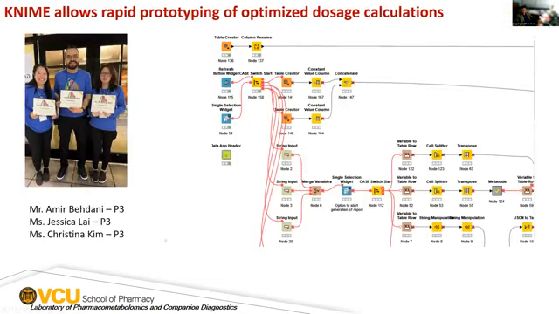The answer is 24 hours. 24 hours is what it took for this group of students to create a pharmacogenetics consulting application using Knime, in the sense that they can take into account the polymorphisms in drug metabolizing enzymes, check against an existing database for the drugs that it affects, and provide a recommendation. This was an incredibly complex application that they built in 24 hours.